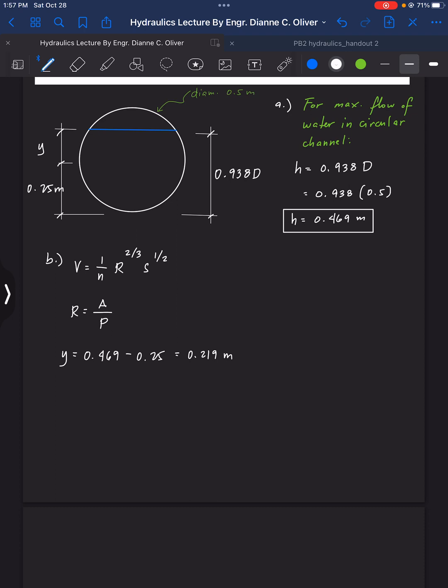Now we will also need the value for x, this portion here.